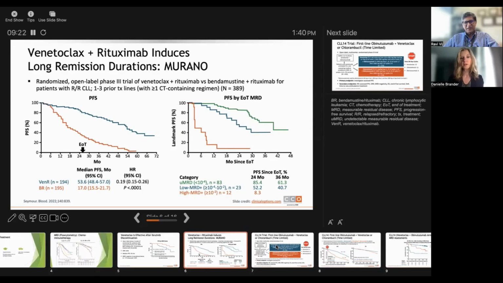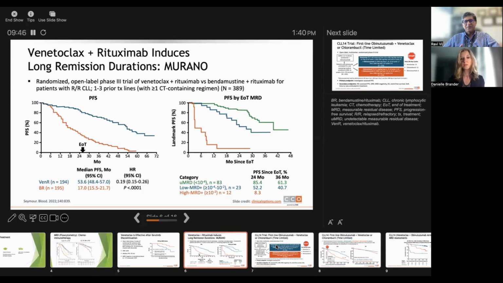Sure. So for Murano, all patients independent of MRD were treated for fixed duration 2 years of venetoclax combined with rituximab. Showed superior PFS of that regimen versus bendamustine and rituximab. But really, in a large randomized study, showed the benefit of patients who did reach undetectable MRD.